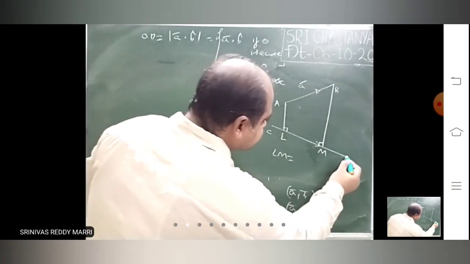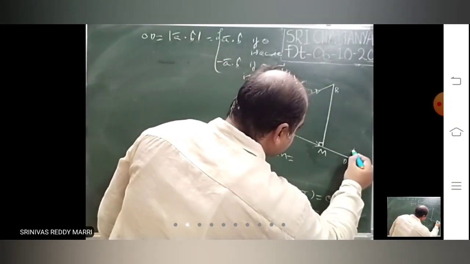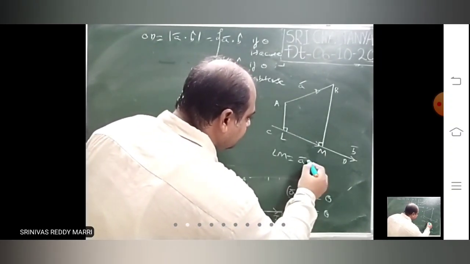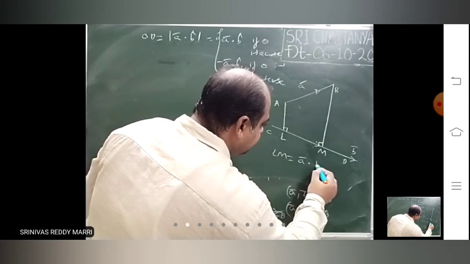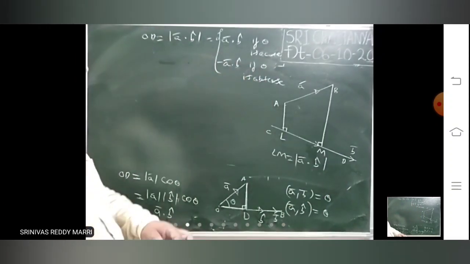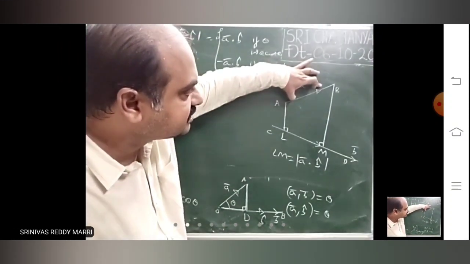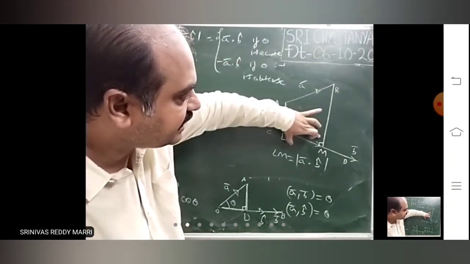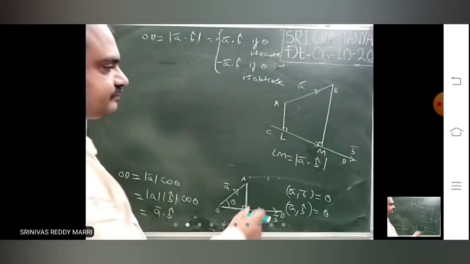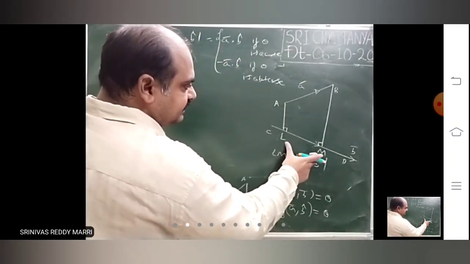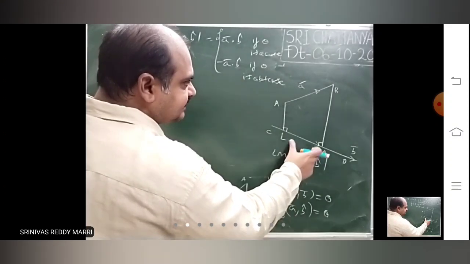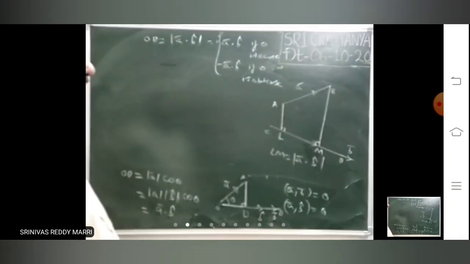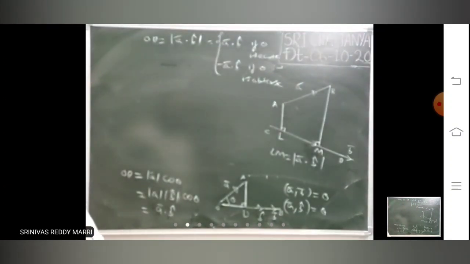This is B bar. LM is nothing but A bar dot B cap. Same. Even if the initial points are not same, the projection of A bar on B bar is nothing but this LM, and this LM is nothing but modulus A bar dot B cap.